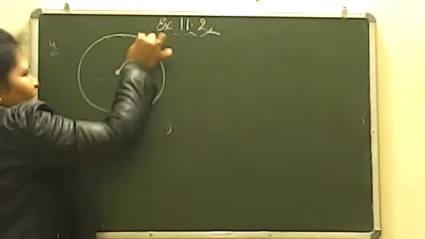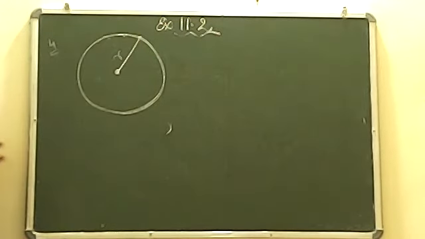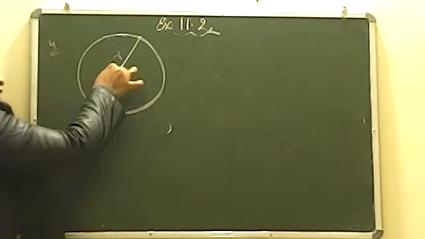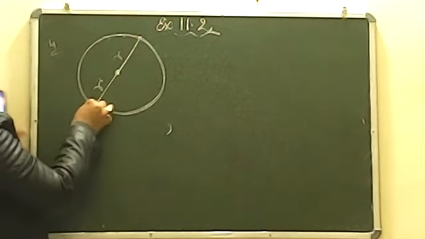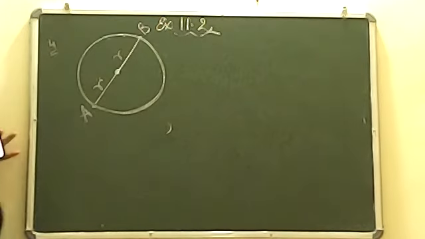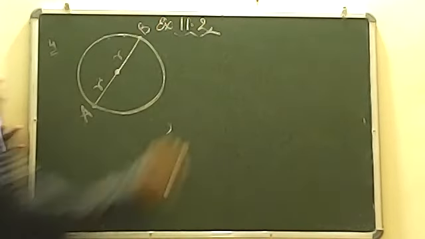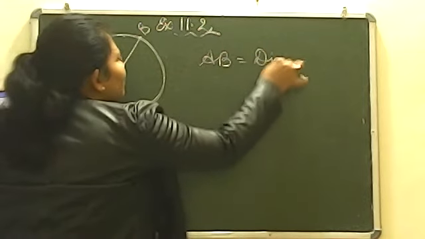Circumference पे अगर आप कोई point लेते हैं and you are joining from the center, you call it is a radius. Okay, and when you are taking another point again, that is again called radius. और हम जब बात करते हैं इस point की पूरा AB, this is called diameter. Okay, AB is called diameter.